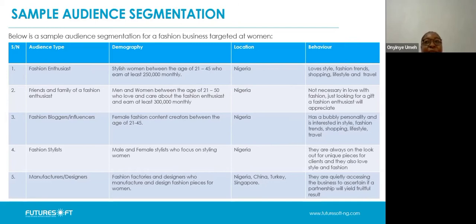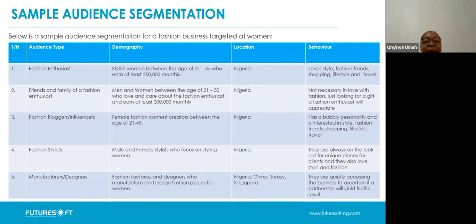So the business may not be targeting me directly, but I am a secondary target audience because I have the potential to buy from that business. There's also fashion bloggers and influencers, fashion stylists, and then there's manufacturers and designers.